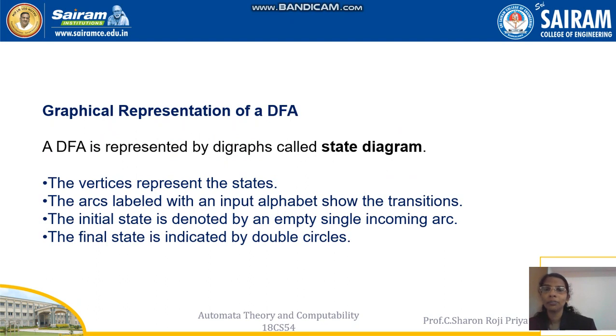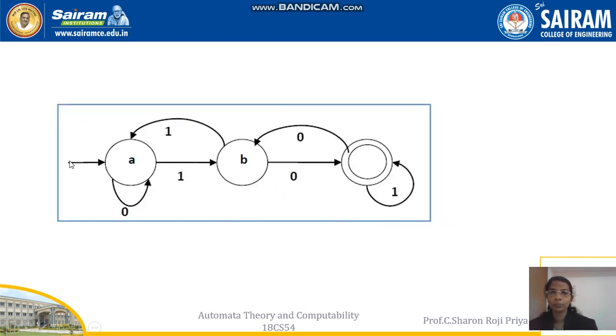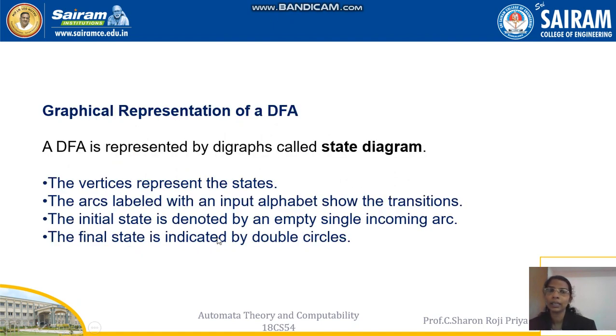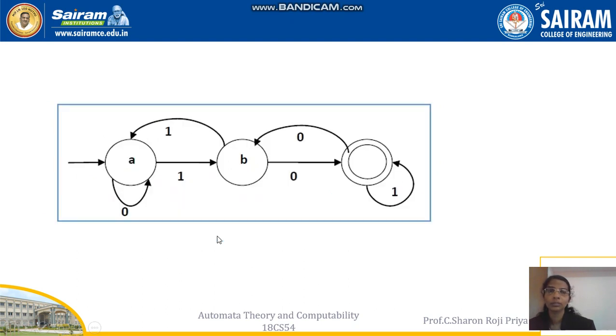The DFA is represented by diagrams called state diagrams. In the state diagram, vertices represent the states; every circle represents a state. The arcs labeled with the input symbol show the transitions. The initial state is denoted by an empty circle with an incoming arrow, and the final state is indicated by a double circle.